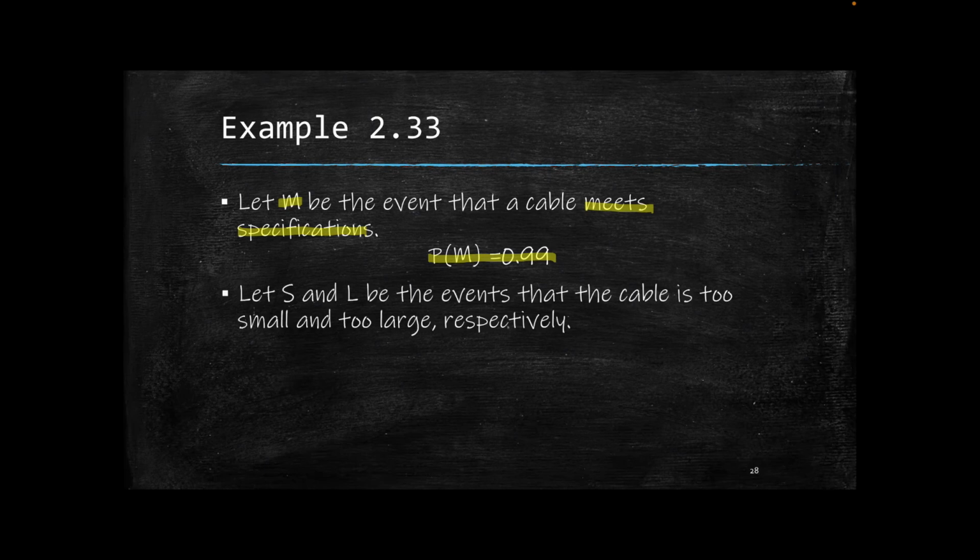Next, we let S and L be the events that the cable is too small and too large. So S for small, L for large. These two events are equal, so we can say that P(S) equals P(L). Then (1 minus 0.99) over 2 equals 0.005.